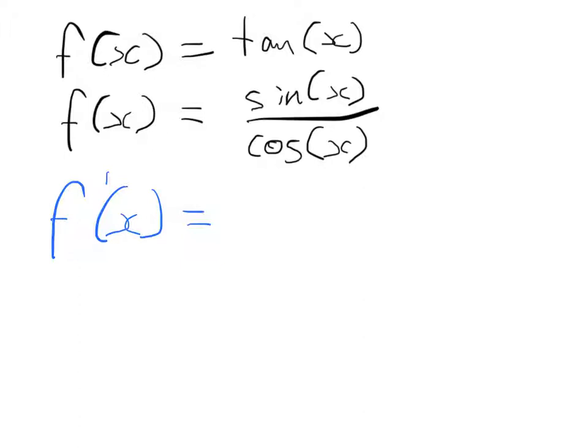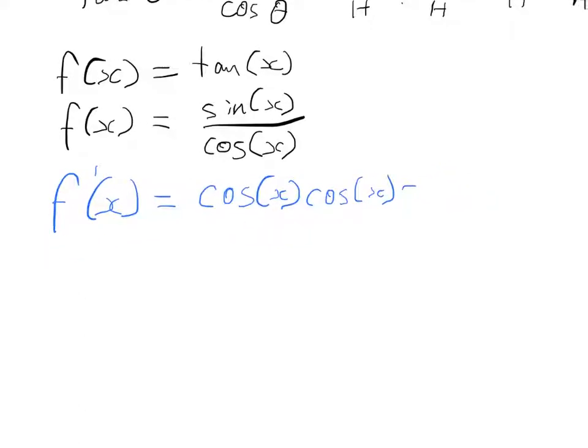So it ends up this, because we have cos of x times sine differentiated, but sine differentiated is cos of x. Cos of x times cos of x. All right? And then it's minus, and then we've got sine of x times negative sine of x, because differentiating cos becomes negative sine of x.